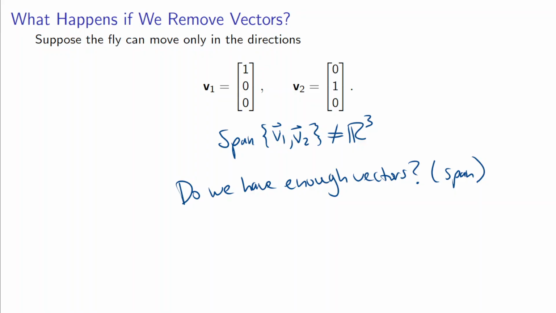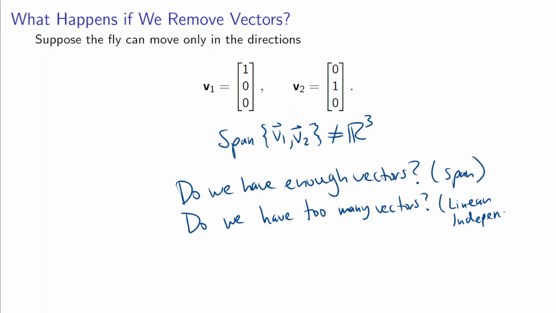The other question is, do we have too many vectors? Are we doing this in an efficient way? This is a question of linear independence, because if we don't have too many, then the set we are dealing with is most likely linearly independent. Putting these two questions together, making sure we have enough to span the space but not too many, so that we're doing this in the most efficient way, are questions of spanning and linear independence.